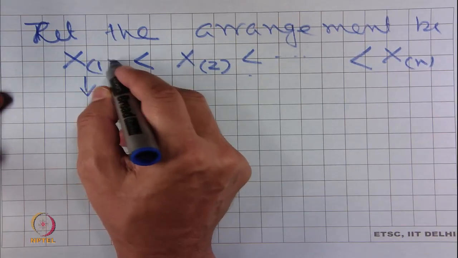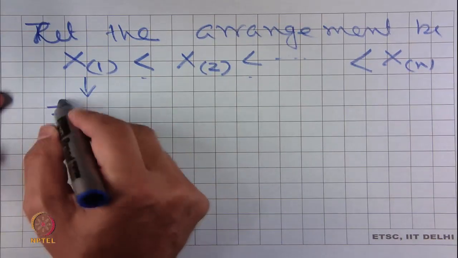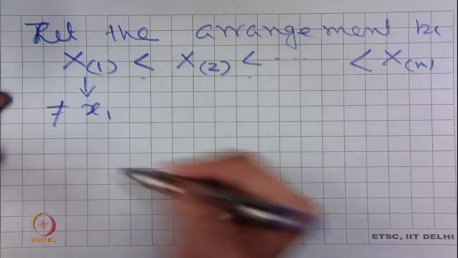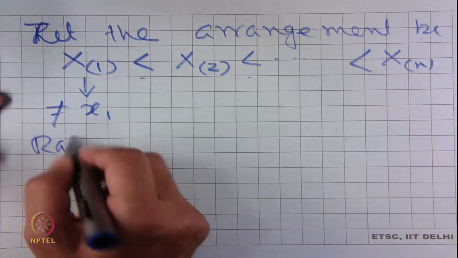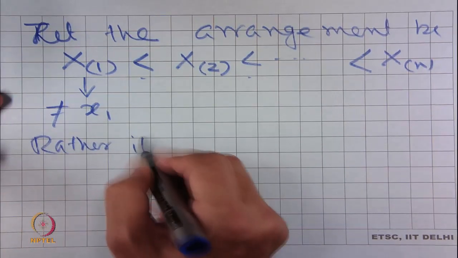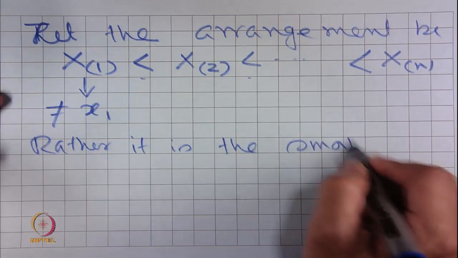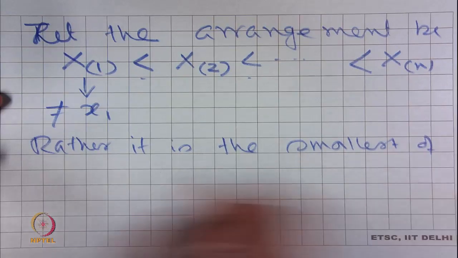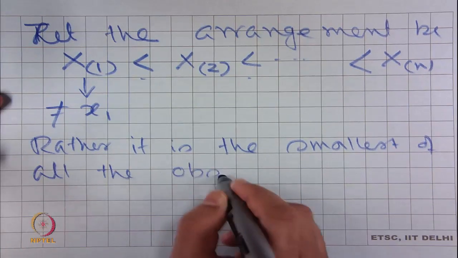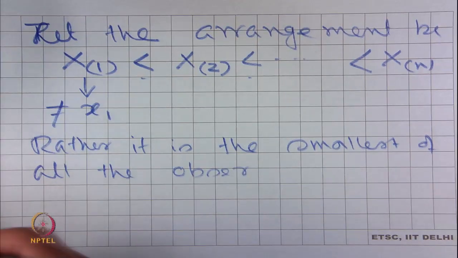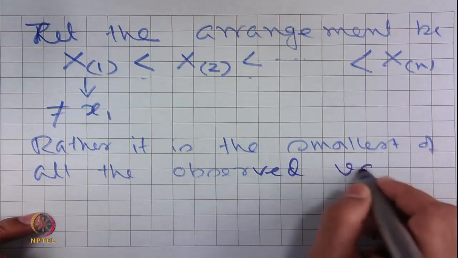You remember this parenthesis, this is not equal to x 1, the first observed sample, rather it is the smallest of all the observed values.